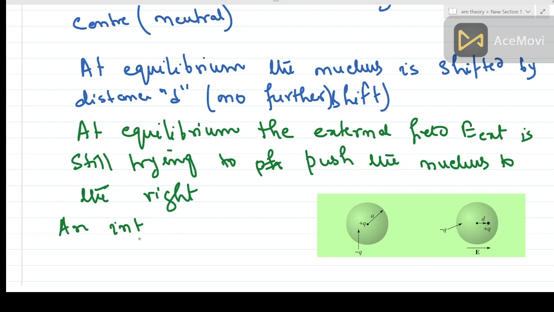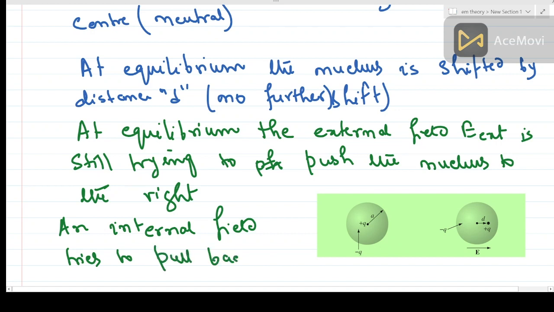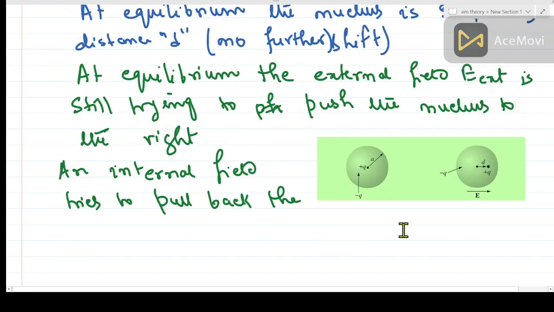An internal field tries to pull back these things. These are provided in the textbooks, and they are very simple when you are reading this, but at the time of questioning, everything is confused. So you need to understand the things very properly.